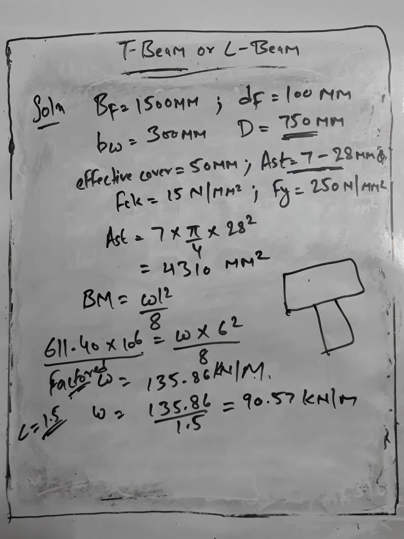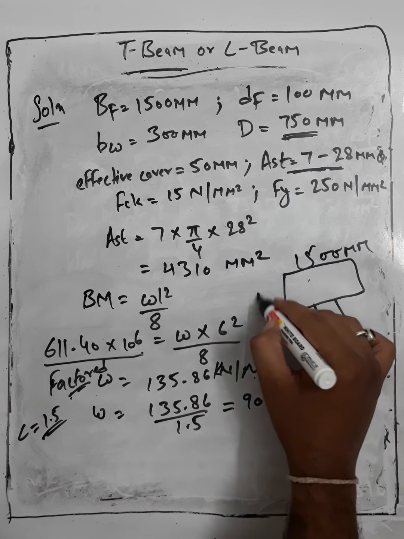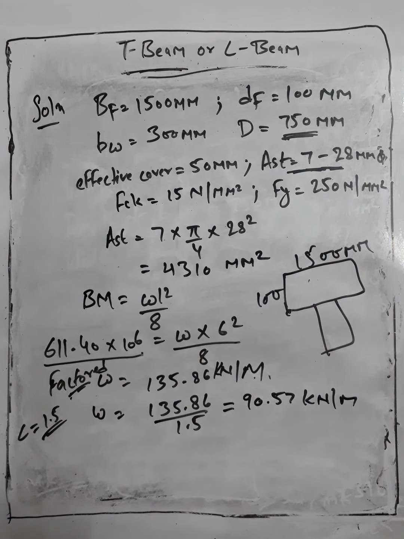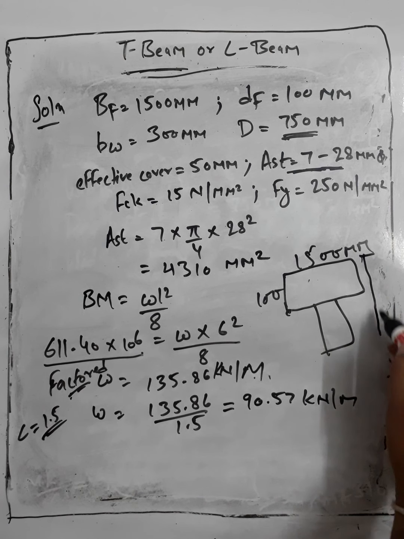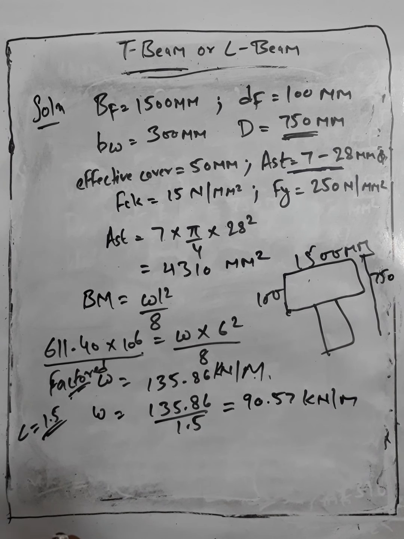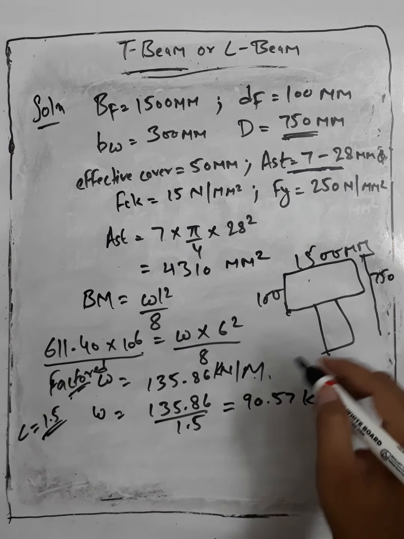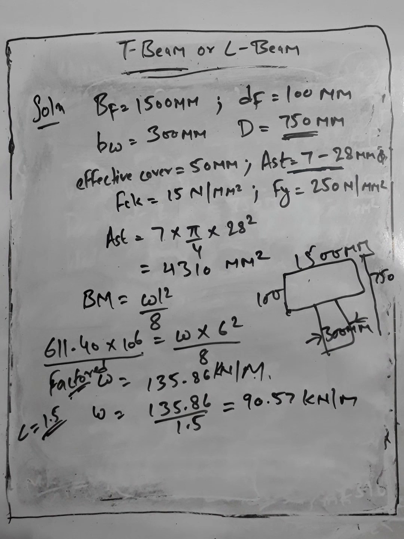This is the T section, and here we know that this is 100 and this one is 100, and this overall value is 750, and this value is 300 mm.